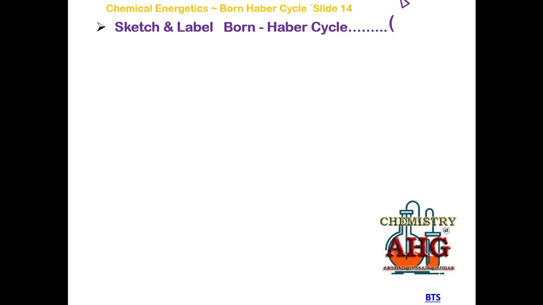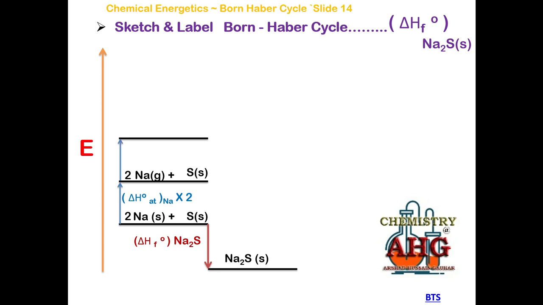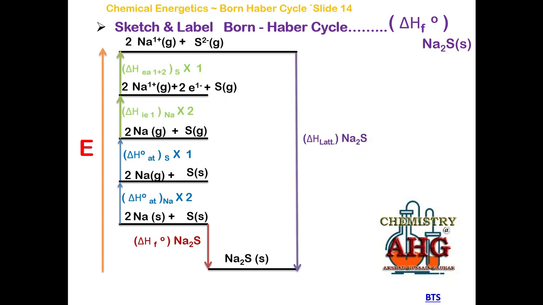Sketch and label the Born-Haber cycle for the formation of sodium sulfide. Okay students, if you have sketched the Born-Haber cycle for sodium sulfide, it should be: direct path, atomization of sodium, atomization of sulfur, ionization energy of sodium, electron affinity of sulfur, and the lattice enthalpy. In this example, what can happen?